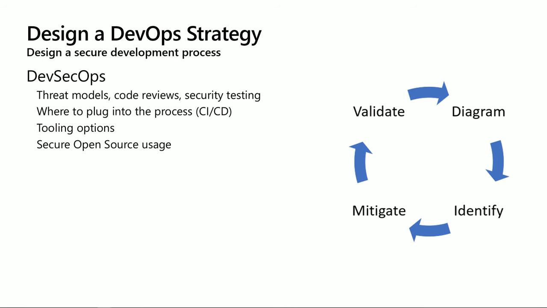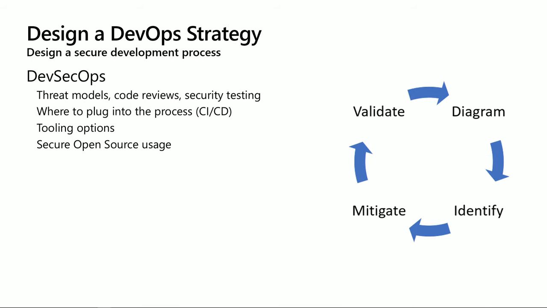So let's drill into that a little bit more. When we talk about designing a secure strategy, we want you to think about threat modeling. We want you to identify potential places where usernames and passwords might become compromised, and think about situations where vulnerabilities in code may be available.